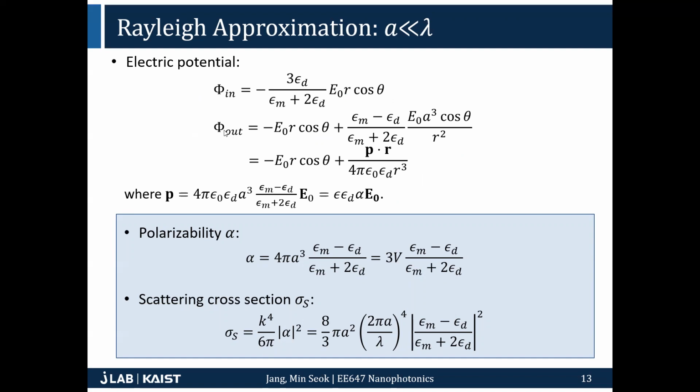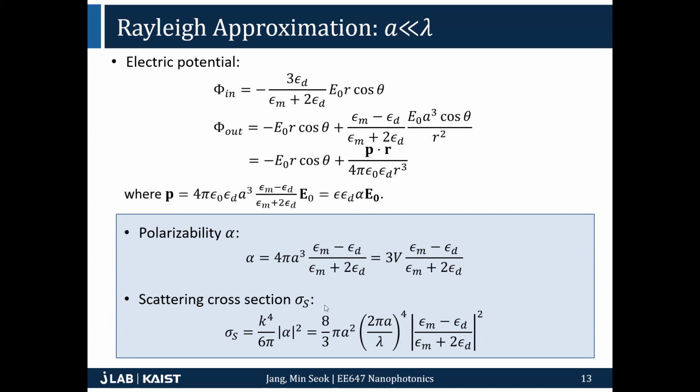And from the exact solution, if you look at the potential field outside, it is composed of two terms. The first term is the original or incident field, and the second term is the scattered field. The scattered field has the form of a dipole potential. And from this, you know the polarizability of this small particle. This polarizability has this form, proportional to the volume of the particle.